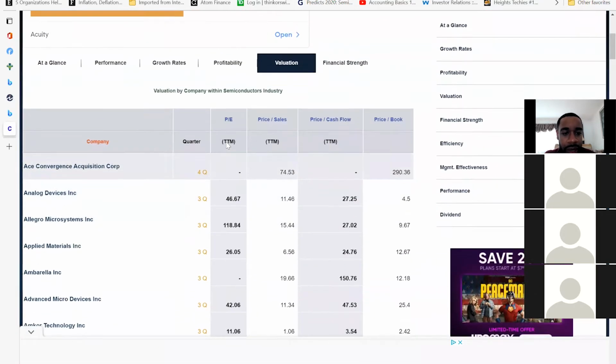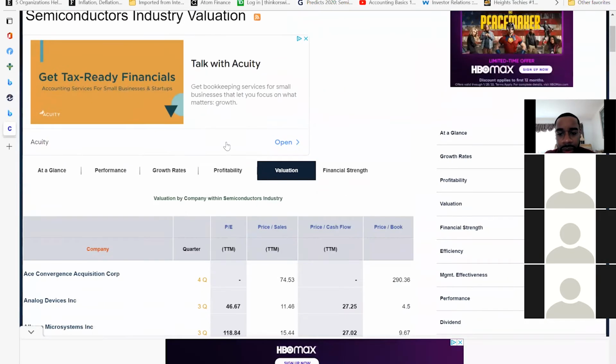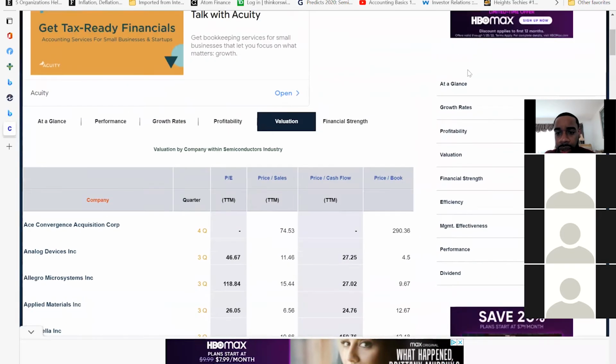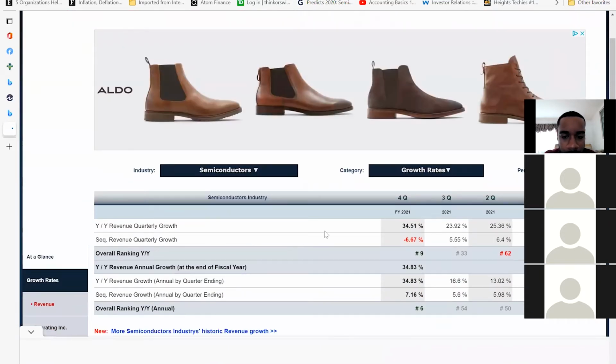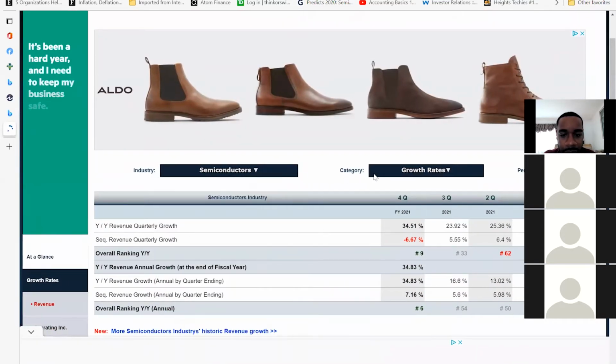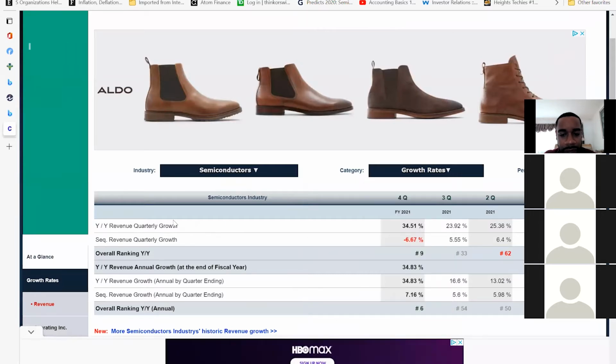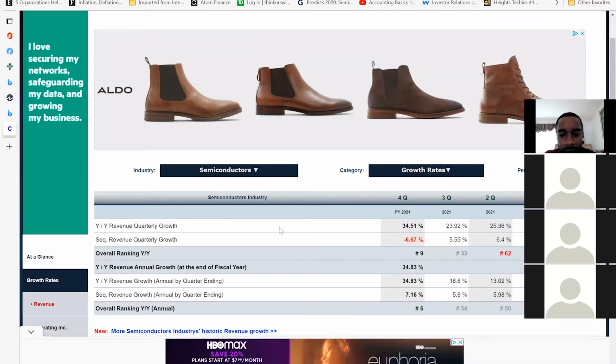So now I clicked the category of growth rates, right? So you have the year-over-year revenue quarterly growth. On average, the semiconductor industry is growing at 34%.